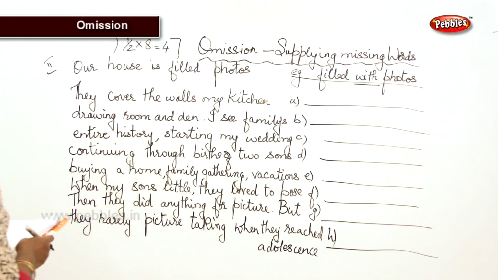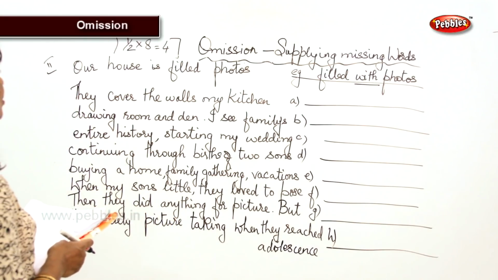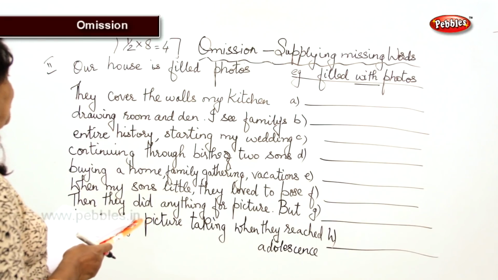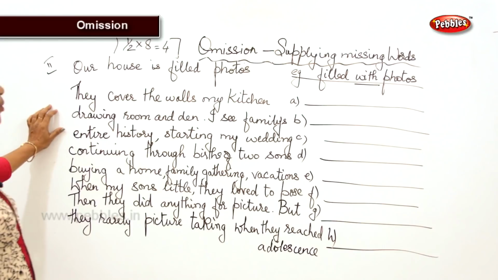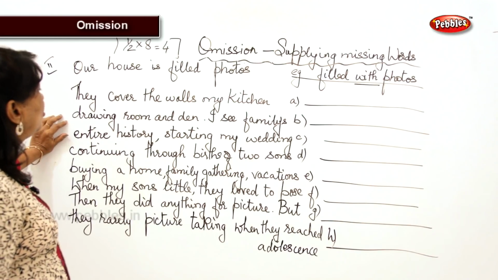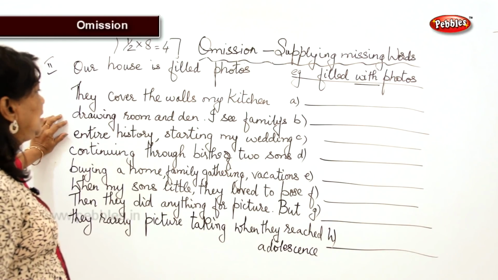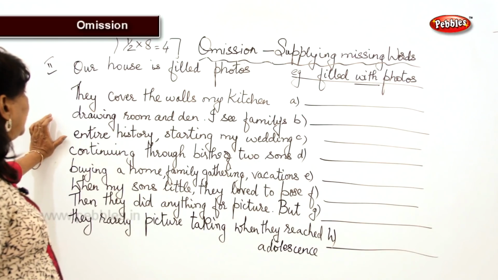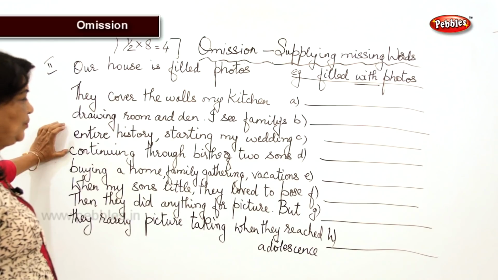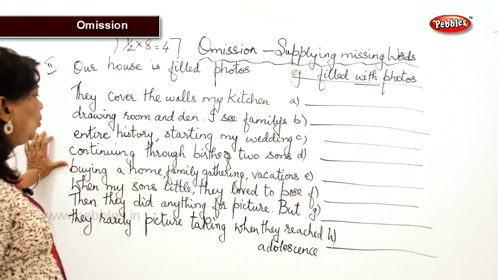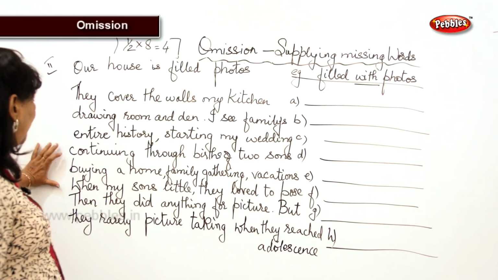Okay, our house is filled with photos, I've given you the answer, and we have here, they cover the walls, my kitchen, drawing room and den. I see family's entire history, starting my wedding, continuing through births of 2 sons, buying a home, family gathering, vacations.